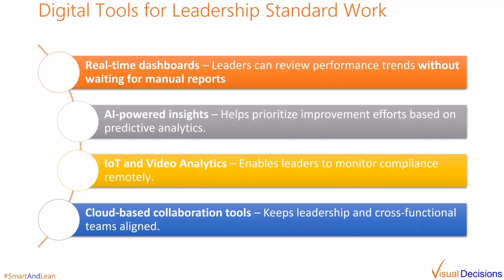So you can do a virtual Gemba walk, and you can have more information with you when you do a physical Gemba walk. And then collaboration tools help keep leadership and cross-functional teams aligned and help keep that communication and that transparency in place. And so digital lean enhances that leadership standard work, making it easier to sustain and scale lean improvements.